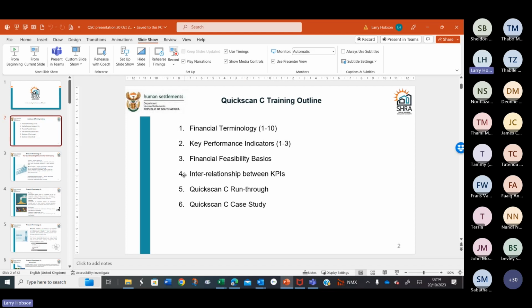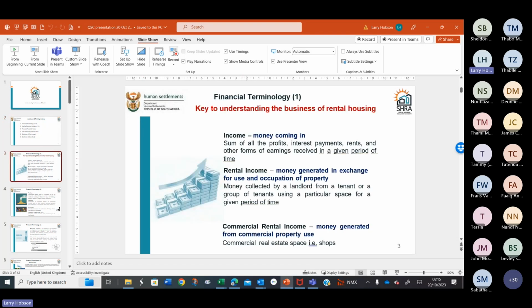Then there's a diagram which shows the interrelationship between the KPIs, so that if you change this variable here, which of the indicators is it going to affect? We'll spend some time going through that. And then we'll go on a Quick Scan C run through. And then finally, we'll close off with the Quick Scan C case study. It's already been pre-populated with information, so we won't waste time entering new information on screen. So there we are, we're ready to go.